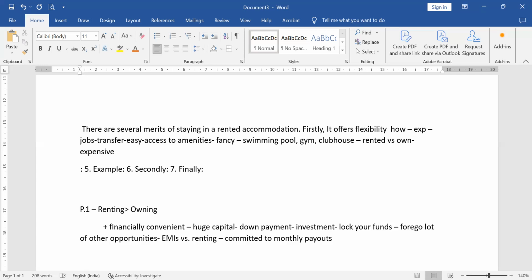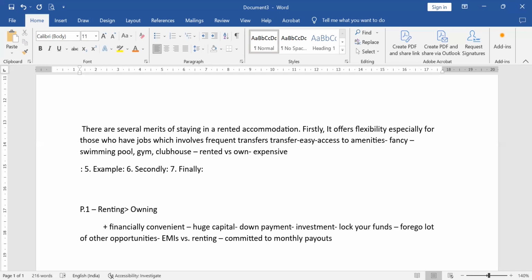Explain flexibility, especially for those who have jobs which are transferable, which involve frequent transfers.